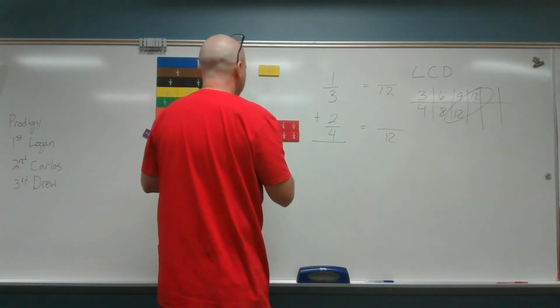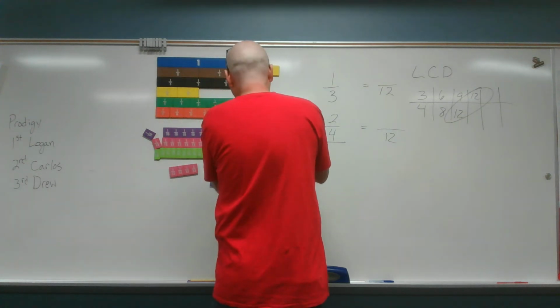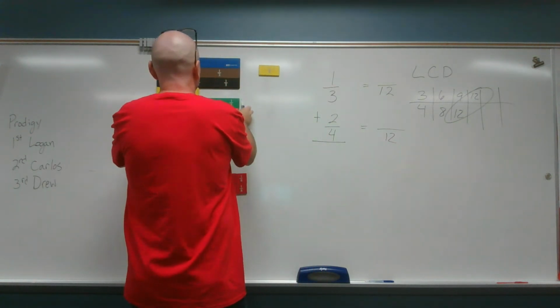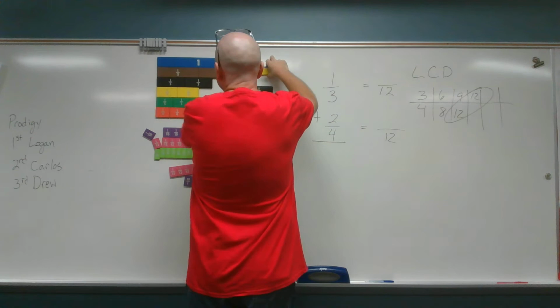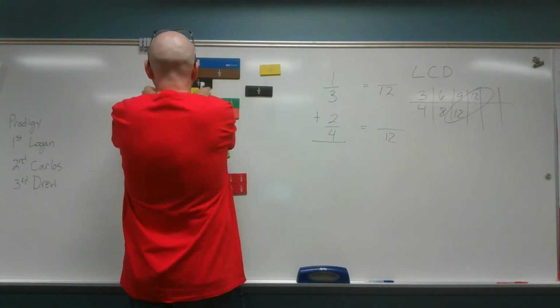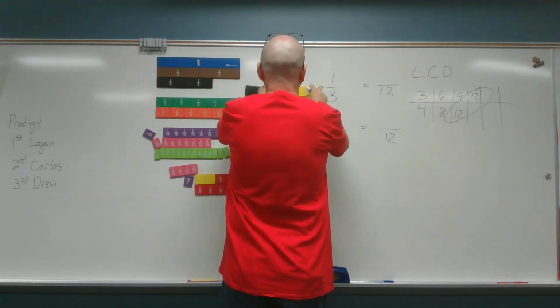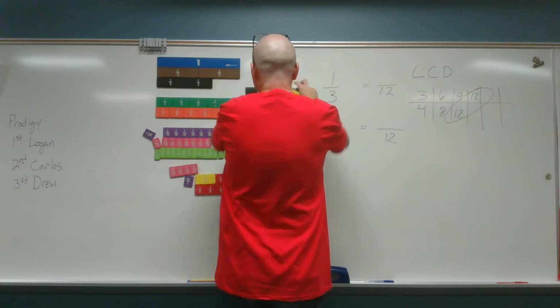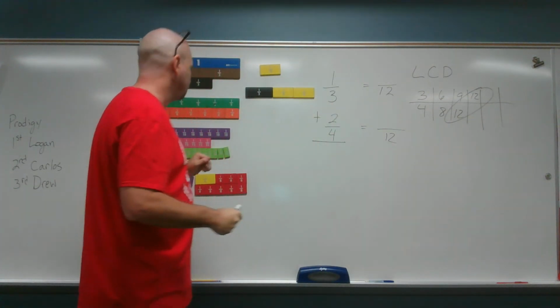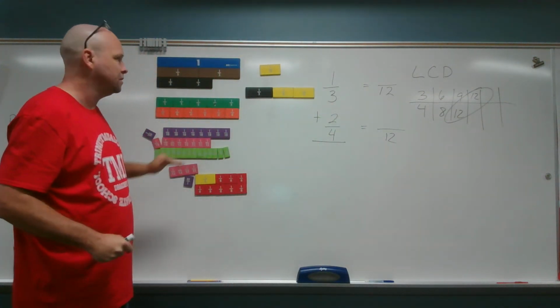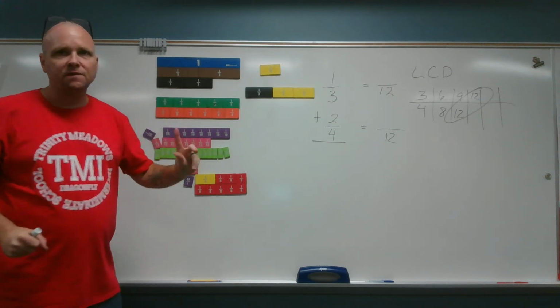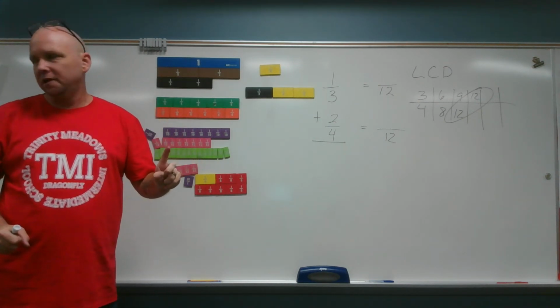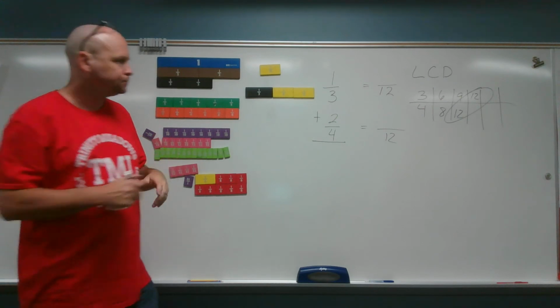So let's set up our problem with the fraction pieces. I have 1/3 plus 2/4. I think my common denominator is 12, so I'm going to use my 12 pieces here in a minute. But I have to have a common denominator before I add them.